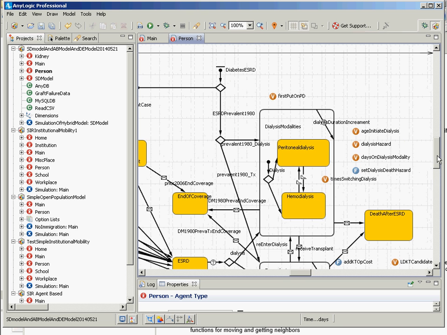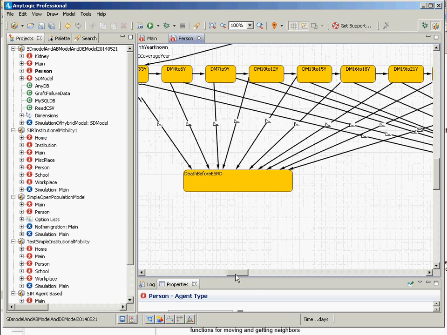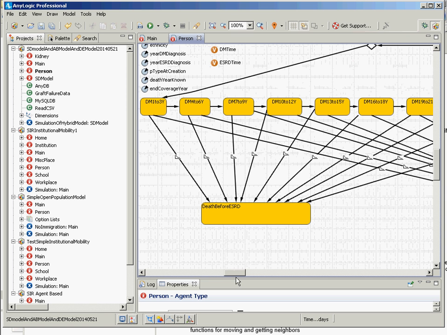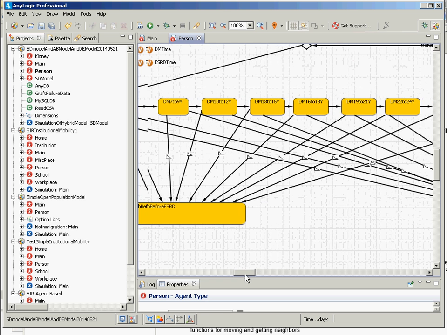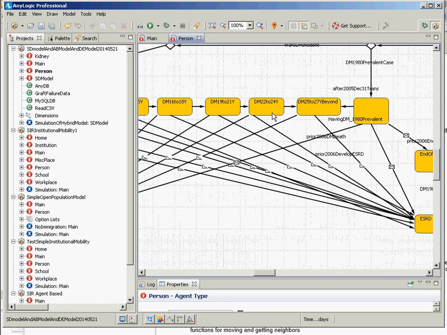We did a competing risks analysis to identify competing risks associated with diabetic progression to end-stage renal disease and death at the same time, and we used the results of that competing risks analysis to parameterize these transition likelihoods, these transition hazards associated with diabetes progression and with end-stage renal disease development.